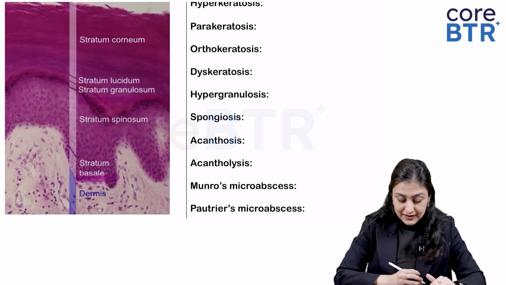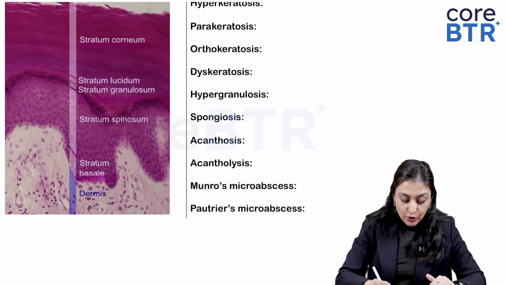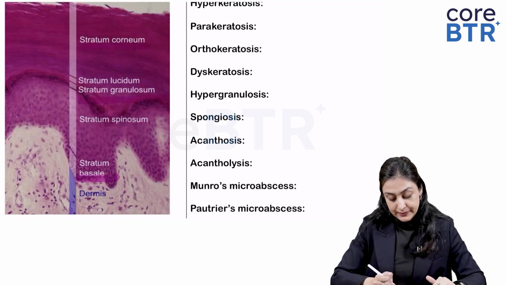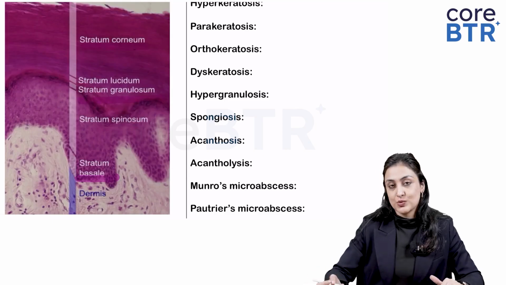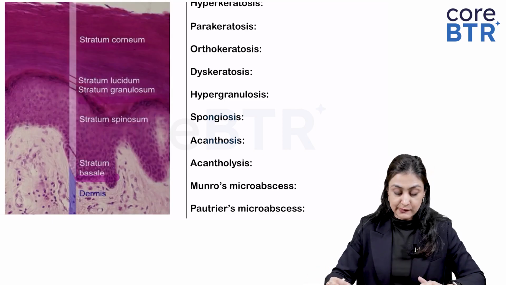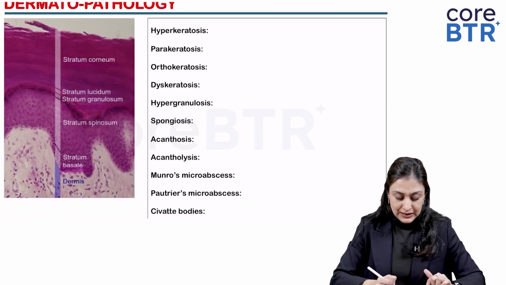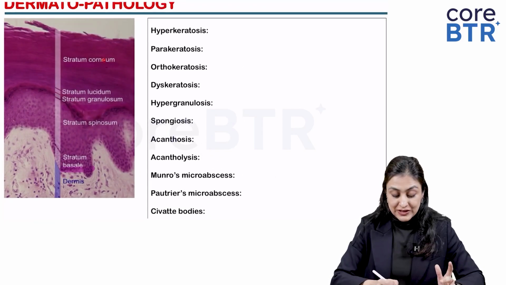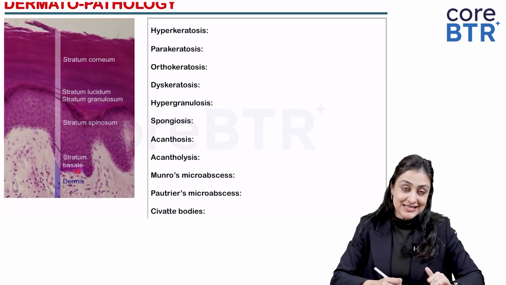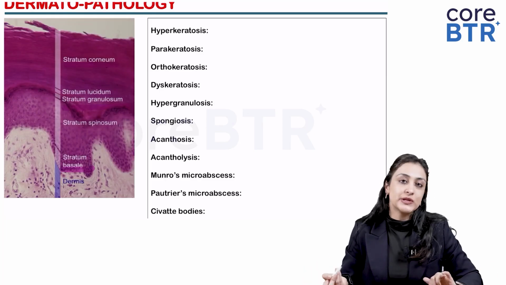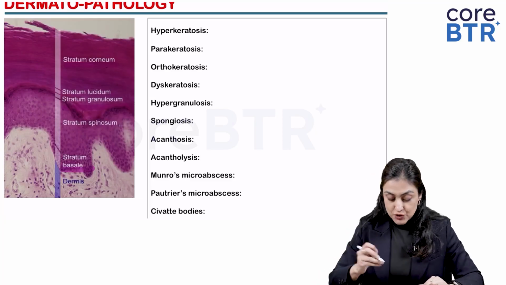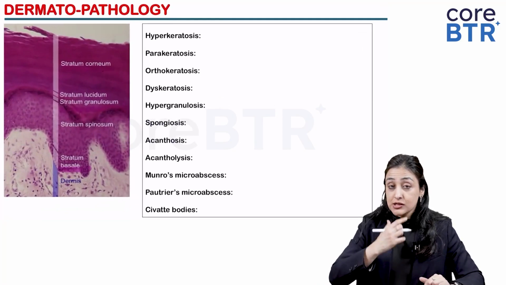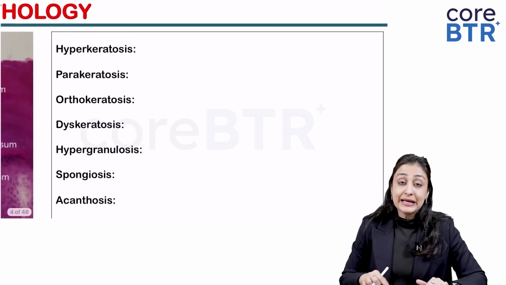Granulosum you see as dark granules, and the topmost non-nucleated layer is corneum. Just fit the other two in between. So that's how you have to approach these images, because they can ask you any disease with respect to the layer. So these can be A, B, C, D, and then I can make as many questions as I want, right? So let's understand all of these terms and where they are seen.